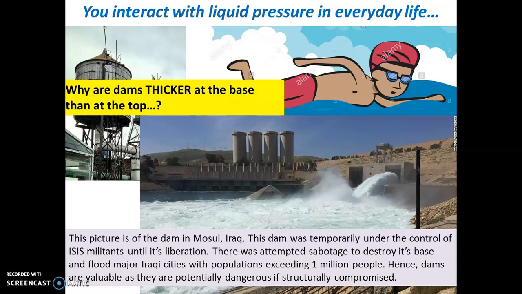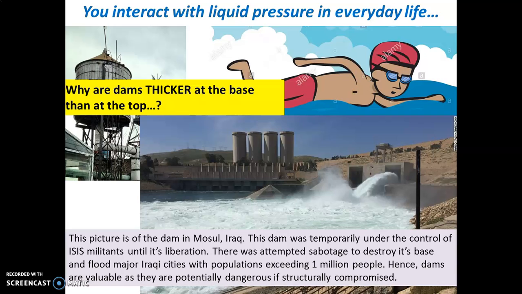But when ISIS militants became very well known and began taking over key structural sites in the central provinces of Iraq, one of the key infrastructures that they seized was this dam. This dam was temporarily under the control of ISIS militants until its liberation at some point after the year 2014.